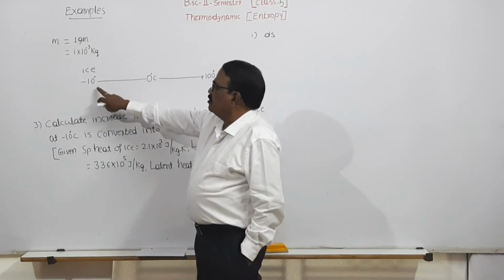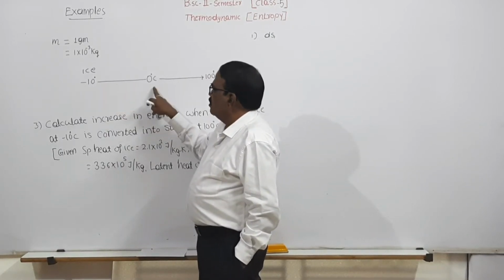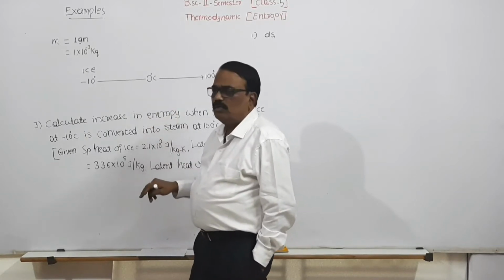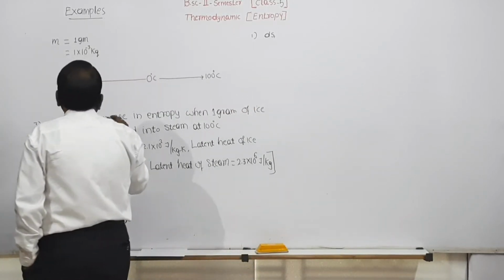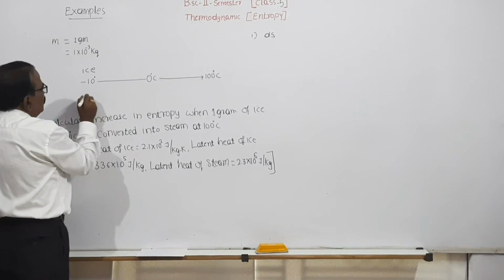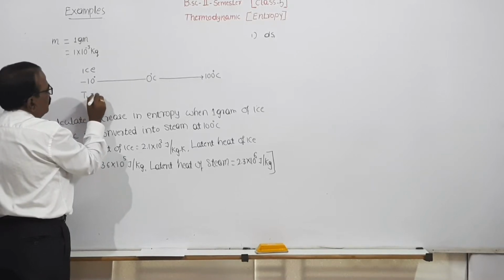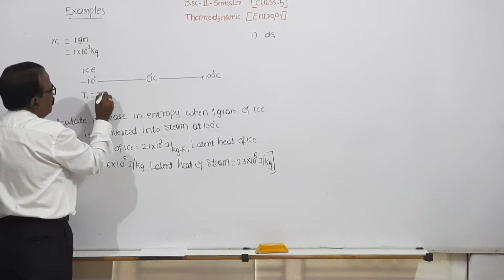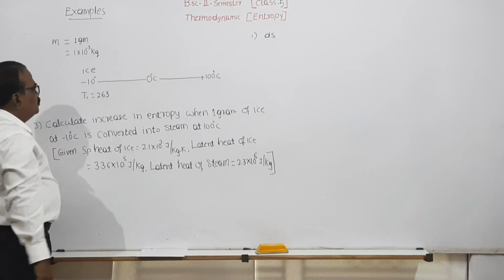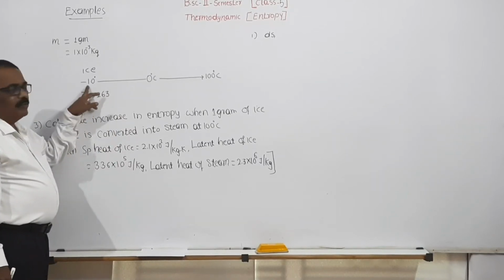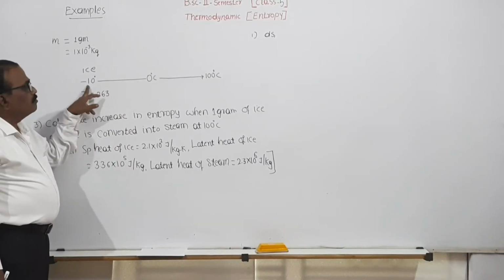Temperature has been changed from minus 10 degrees centigrade to 0 degree centigrade. This is T1, here it is 263. Why is it 263? Because minus 10, 0 plus 273.